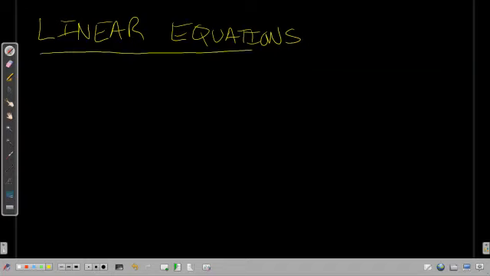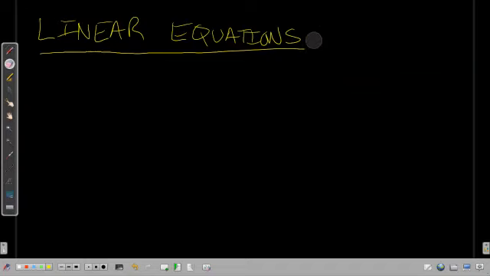There are plenty of other equations whose graphs don't make a line. And for now, the only ones we're interested in are the ones that make a line. All right.